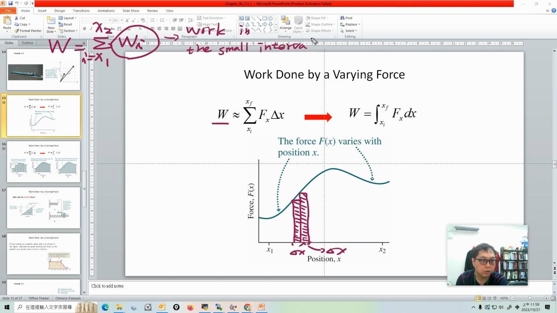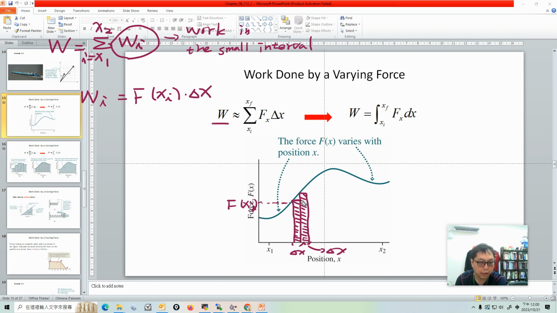The work in a small interval is f of x_i times delta x. Suppose this is f of x_i. We take a very thin slice here, and f of x_i is the force, times the very small displacement delta x. That is the work in this small interval.